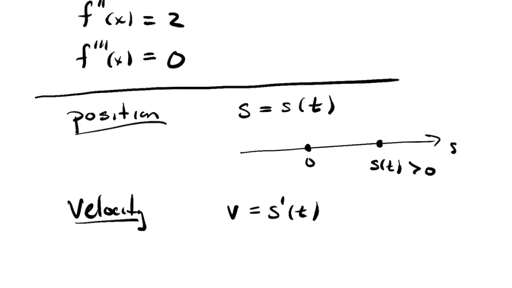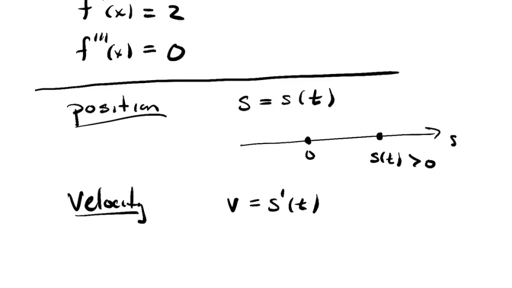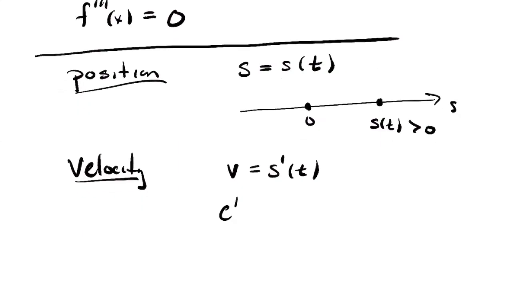It's the change in position with respect to time. Derivatives are rates of change. Positive velocity means that you're moving in the positive direction. Negative velocity means that you're moving in the negative direction.